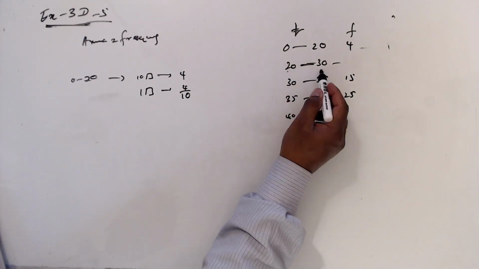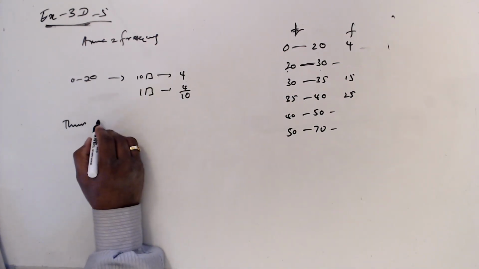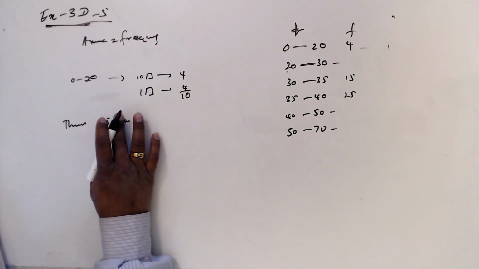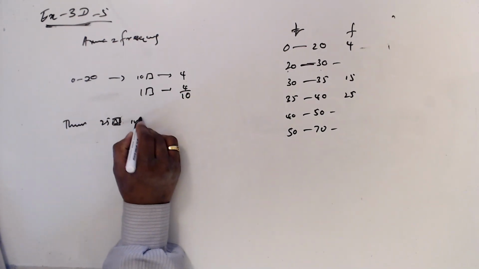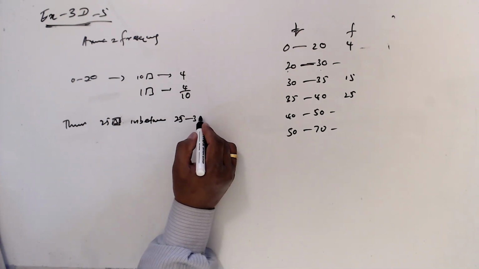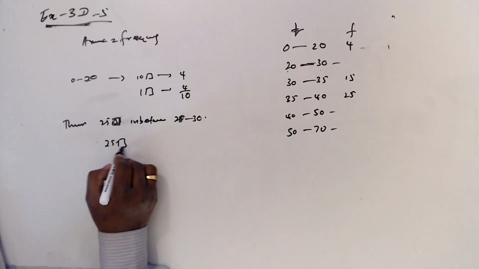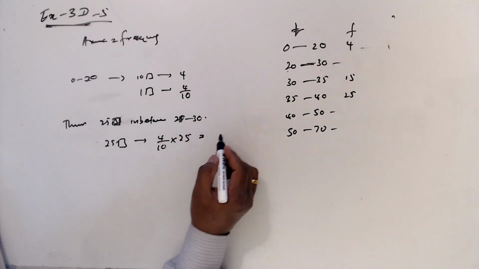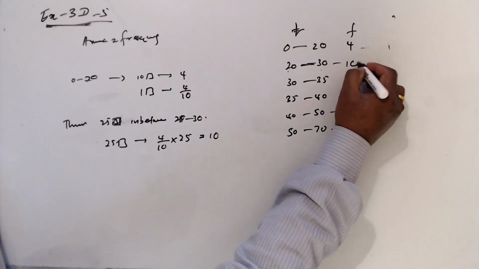Now 20 to 30, how many boxes are there? There are 25 boxes. Then 25 boxes is 4 divided by 10 multiplied by 25. So this value is going to be 10.